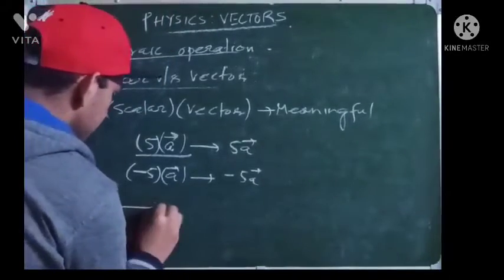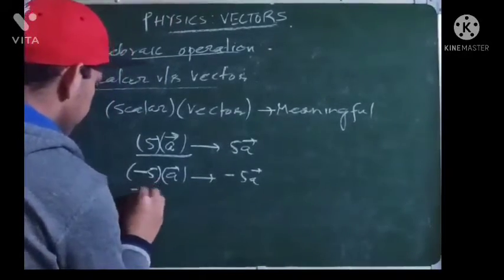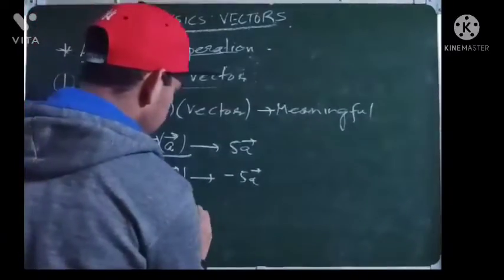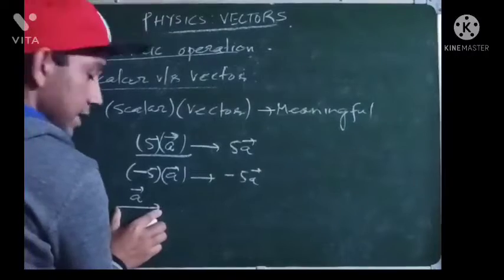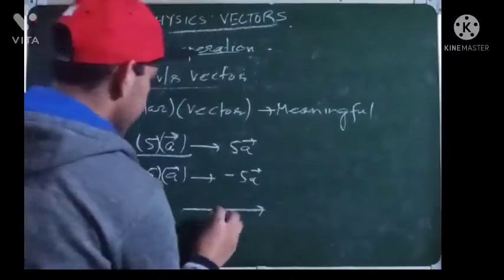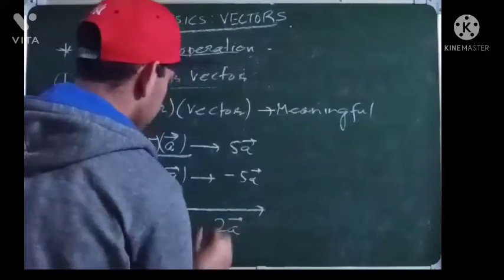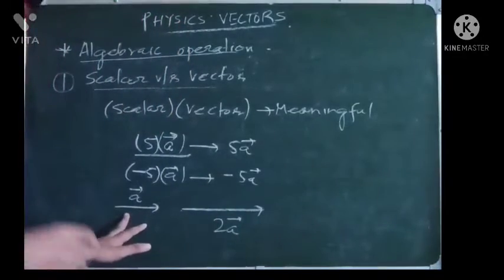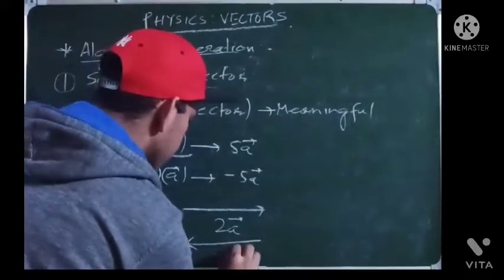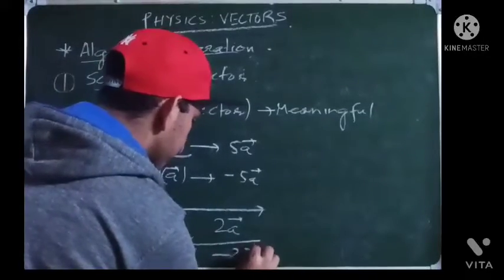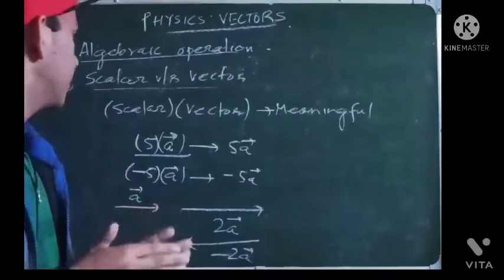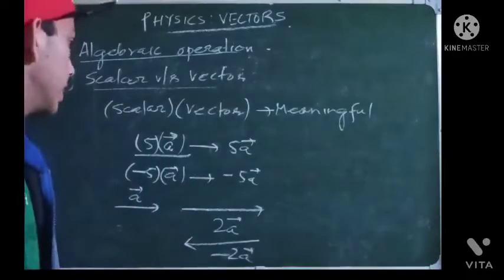For example, suppose this is A vector and we are to draw 2A vector, then the length will be double this length. If we multiply it with minus 2, we get the minus 2A vector, and this is the meaning of multiplying a scalar with a vector quantity.